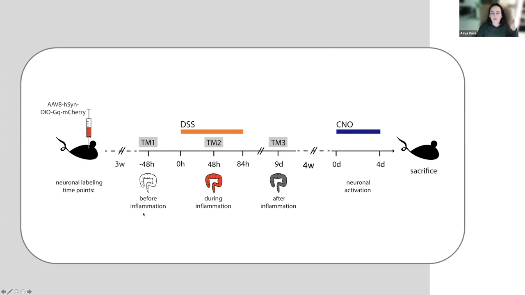In one group, I'm going to inject it before I'm giving them the DSS. So just kind of baseline activity in the insula. In the second group, the peak of the inflammation, the same group that we had before. And the third one is after they recover. We wait for 4 weeks, they recover completely, we give them CNO, which will activate these neuronal ensembles, and we sacrifice the mice.